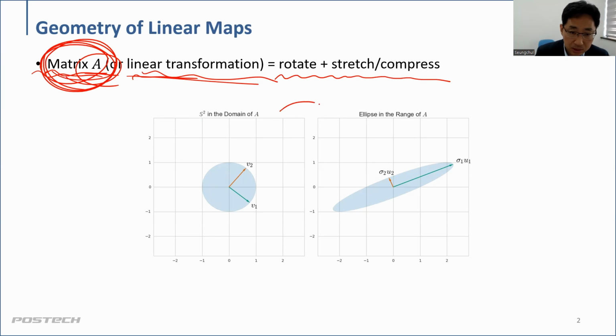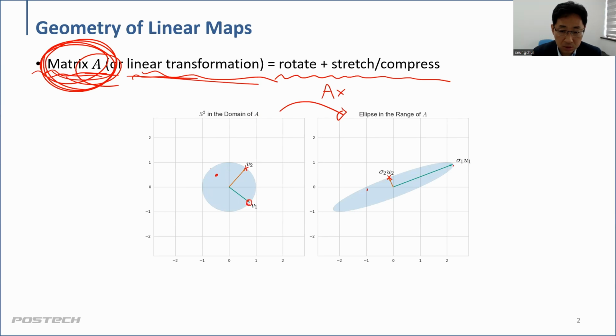Then let's see this kind of plots or figures. And suppose you have some data points here. Then this is AX. And probably this guy is gonna transform into here. Like these data points right there.